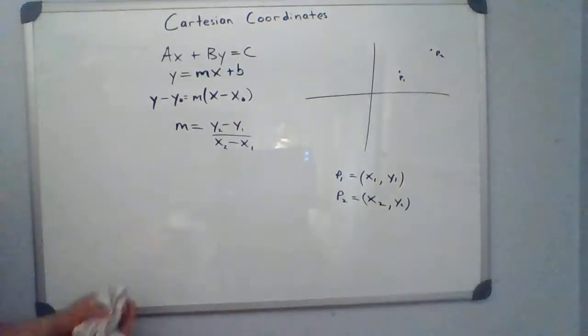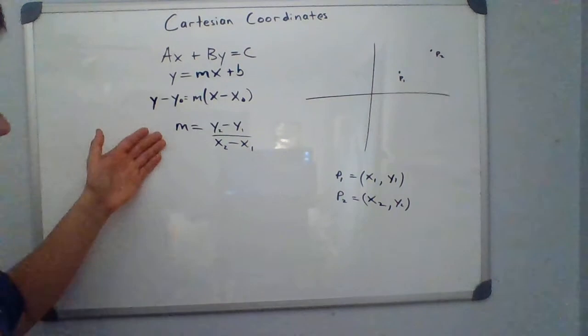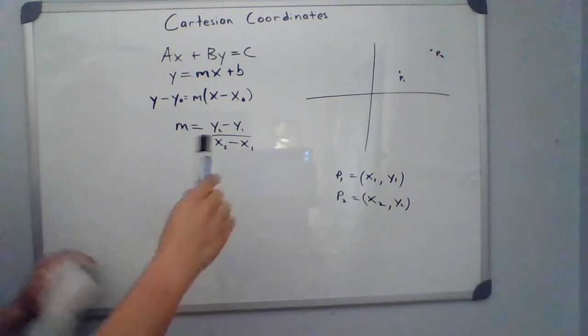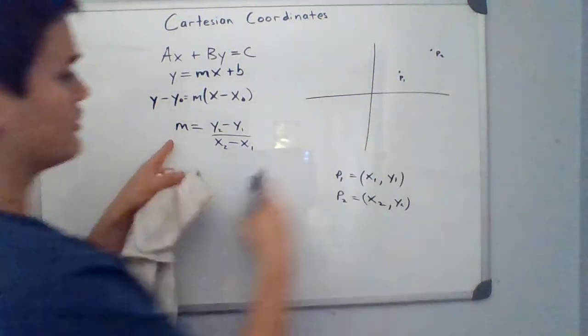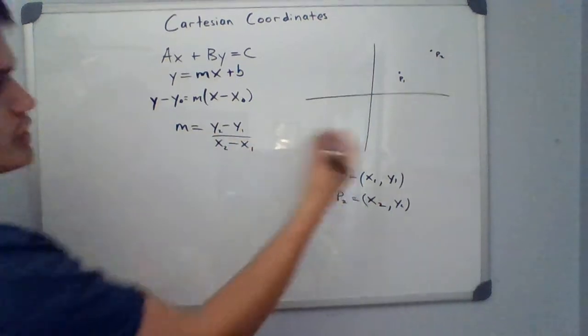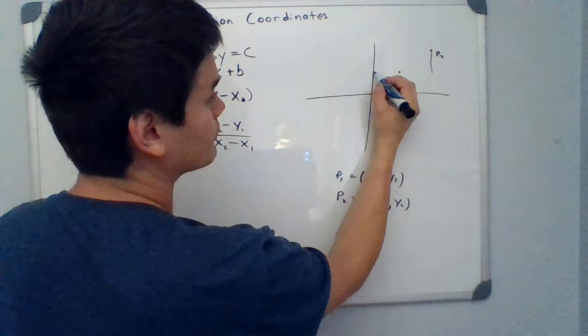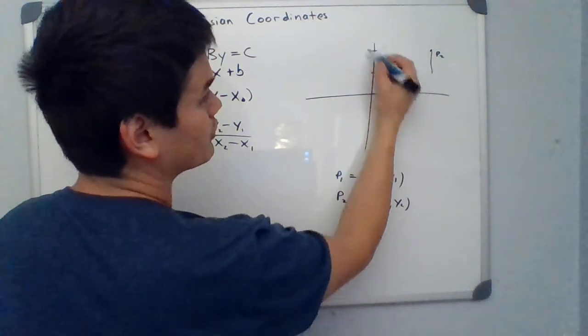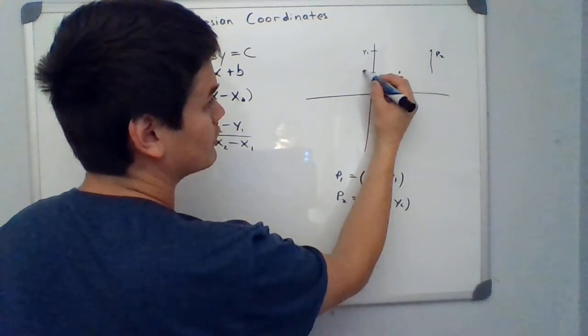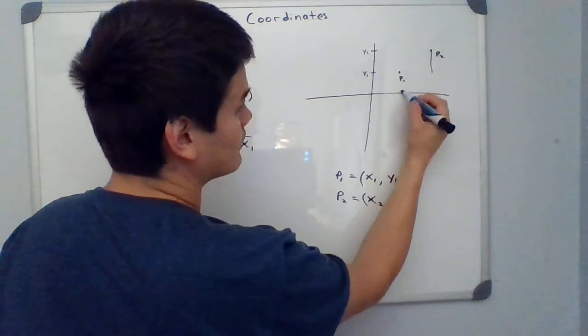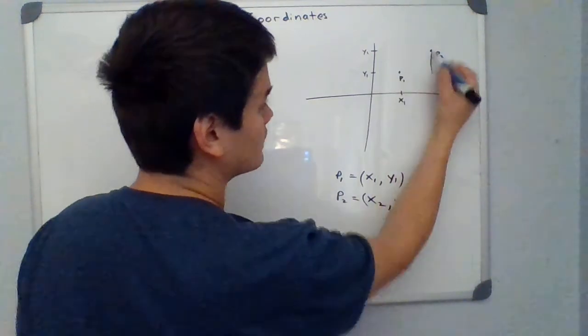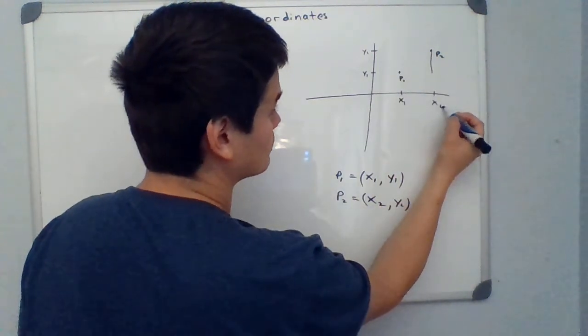So this is, I guess, also a definition. This is a definition of a slope. So the slope between those 2 points is going to be y2 minus y1, or the difference here. So this would be y2, this would be y1, this would be x1, and this would be x2.